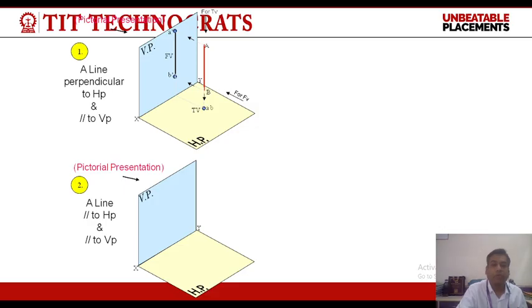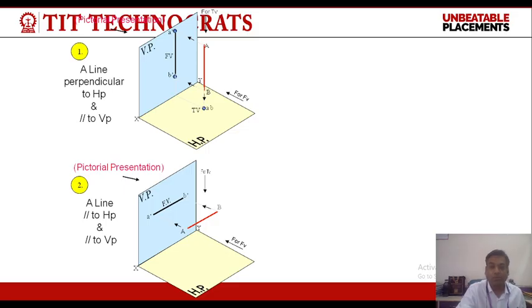Okay. Now, case 2, a line parallel to both the horizontal plane and the vertical plane. This is a line AB which is parallel to both HP and VP. When we see this line from the front view, its projection will be given on the vertical plane, and the front view of the line will be represented by A dash B dash, which is parallel to the XY line.